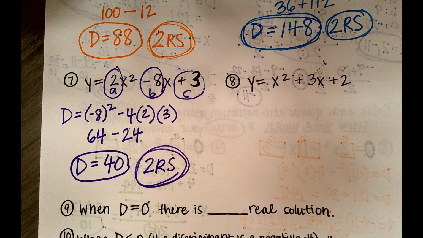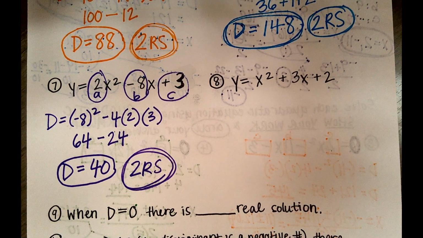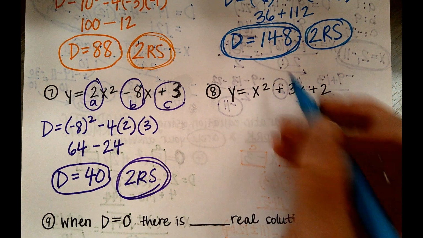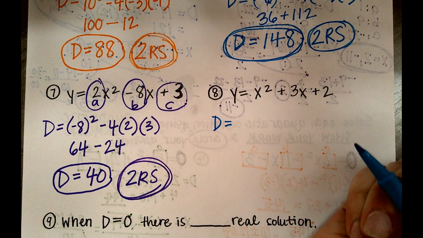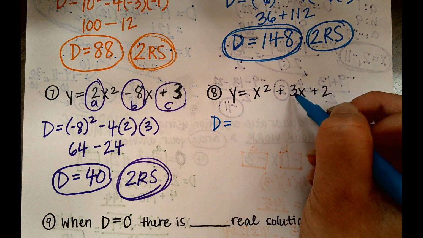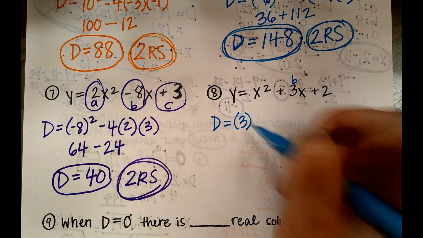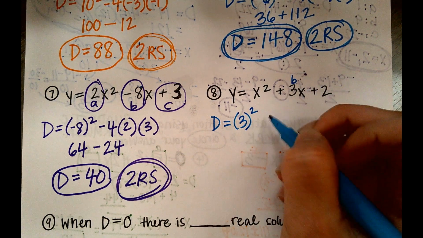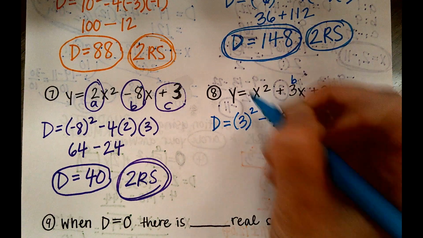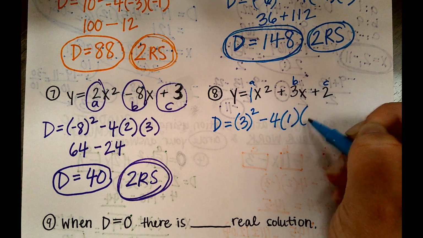Can anybody guide me through number 8? Milena? So first I did D equals, so you said D equals, okay, 3, that's our B, 3 squared. Then what'd you do? -4 times A, which is 1, times C, which is 2.